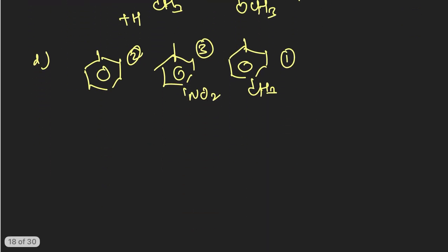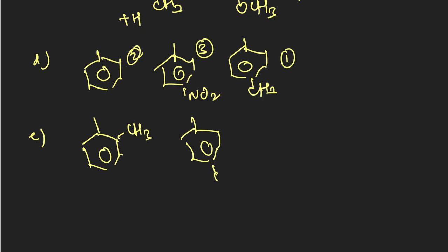In E we have CH3 and here we have CH3. The second is more migrating because it has less steric hindrance. What do we mean by less steric hindrance? Let's say we have shifting.